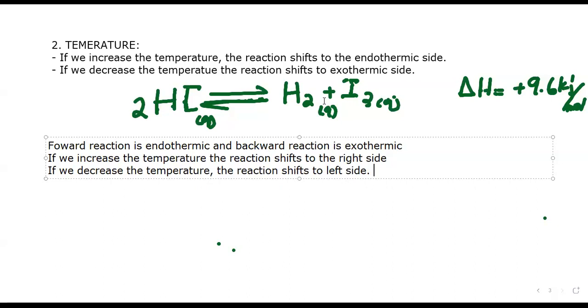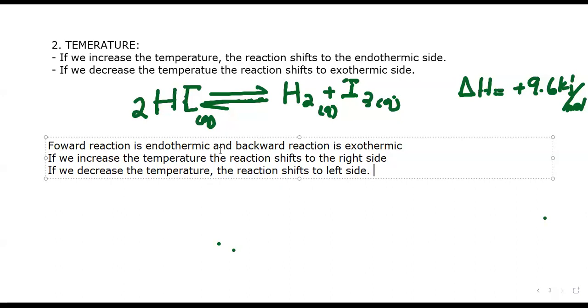So it will shift to the endothermic side. Why? Because an endothermic reaction absorbs heat. So the reaction is going to start to absorb the heat from the surroundings, the temperature will decrease, and the equilibrium will be restored.